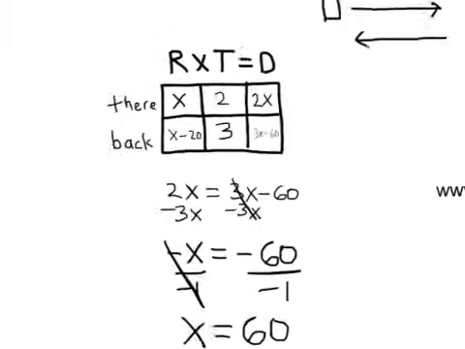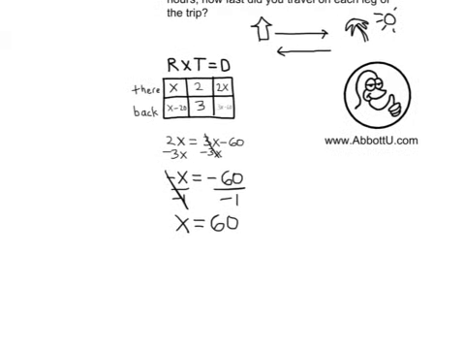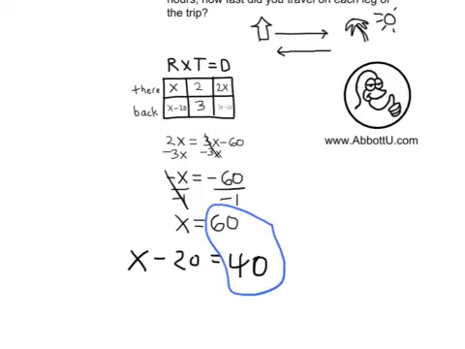Just to be thorough, I'm going to write that, even though I've just verbalized it. So x minus 20 is 40. So what are our answers? These are our answers. 60 miles per hour there, 40 miles per hour back.